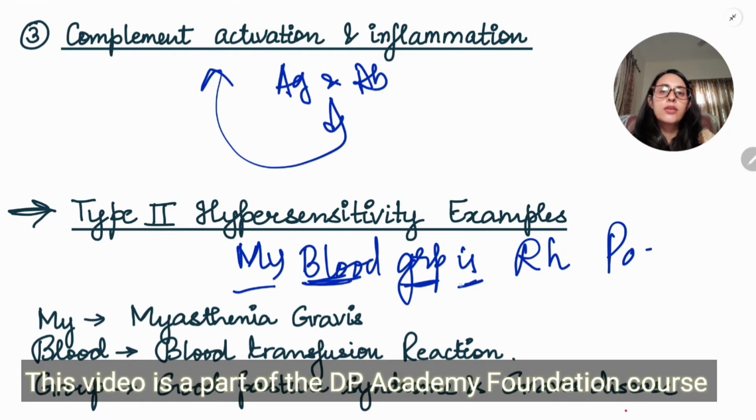Is is immune hemolytic anemia or immune thrombocytopenic purpura. Rh is Rh incompatibility, and positive is pemphigus or pernicious anemia. So these are the examples of type 2 hypersensitivity. My blood group is Rh positive. This is the mnemonic that you can use to remember all the examples.